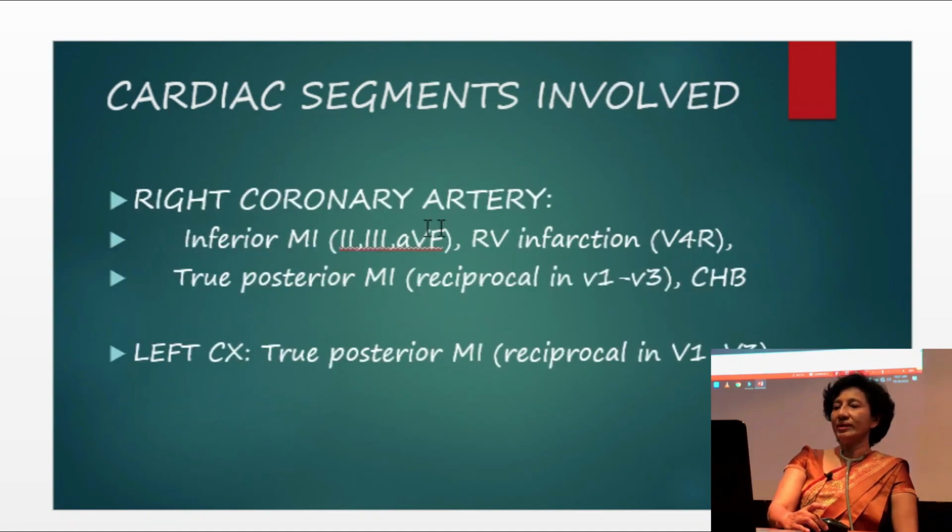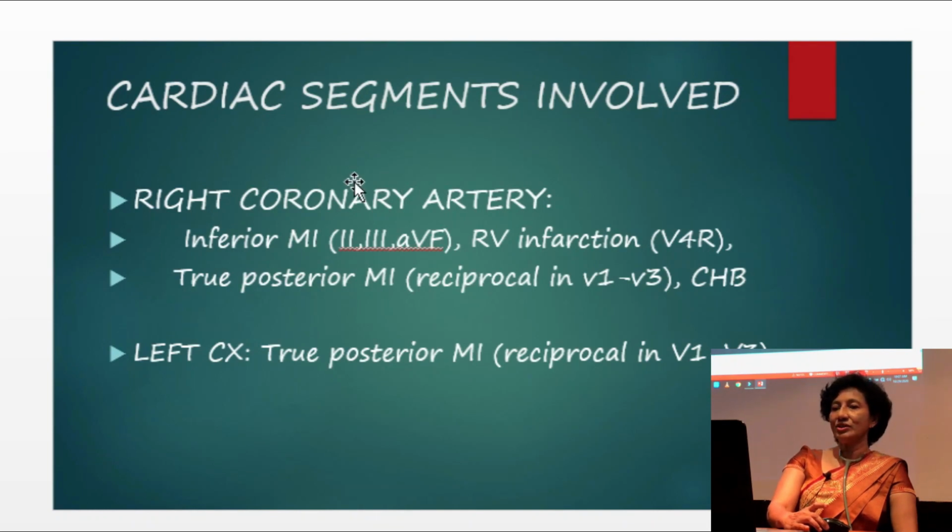Now let's move to the right coronary artery. As I discussed, if there is occlusion in the right coronary artery, depending on the level of the occlusion, the ECG will show abnormalities in leads 2, 3, AVF. If the occlusion is above the right ventricular branch, ST elevation in V4R, and if it is above the AV nodal branch, complete heart block.